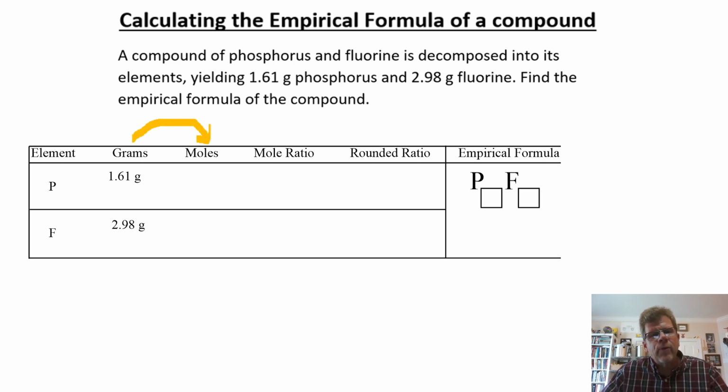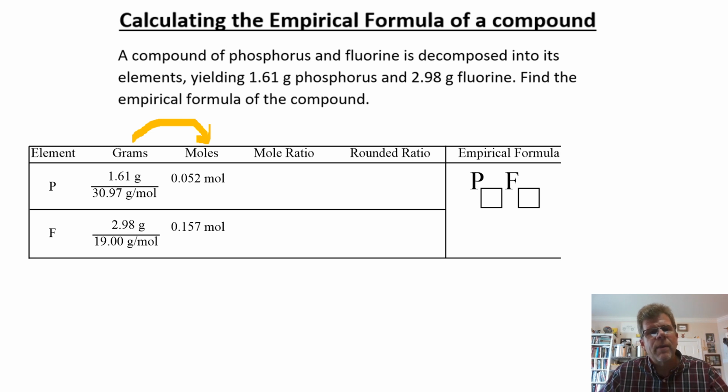Well, if we divide a gram mass by its atomic mass of that particular element, which we can get right from the periodic table, we can come up very easily with the moles of each of these: 0.052 moles of phosphorus and 0.157 moles of fluorine.